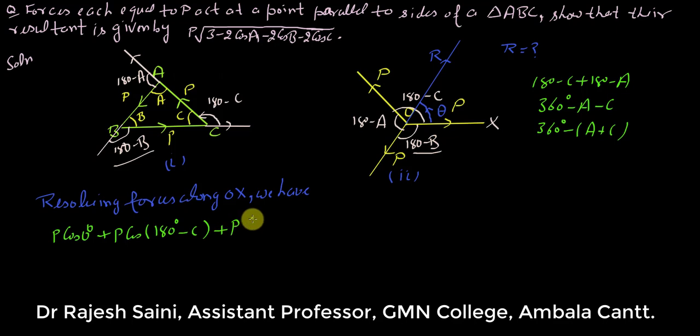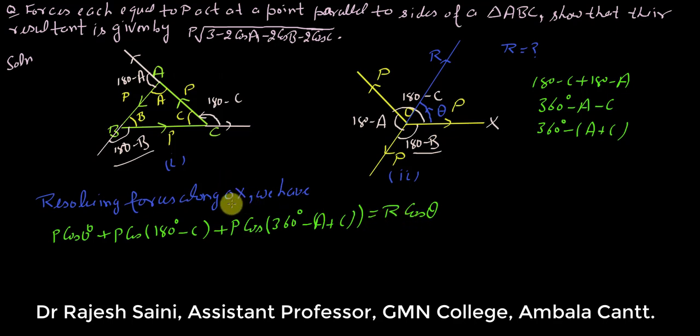So this will be P cos(360 degrees minus (A plus C)), and this is nothing but R cos theta, because we know that the algebraic sum of the resolved parts of the forces along any direction is equal to the resolved part of the resultant along the same direction.